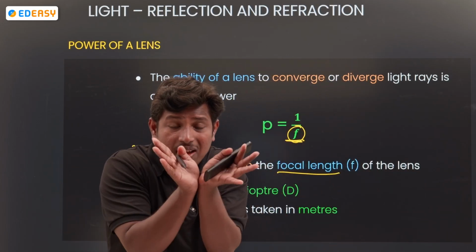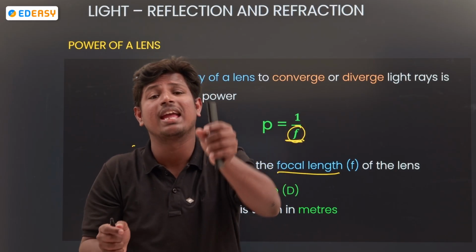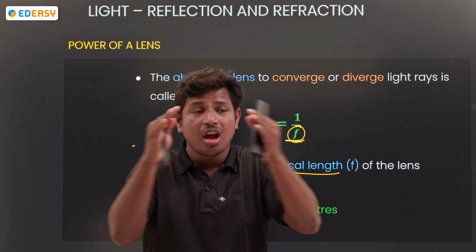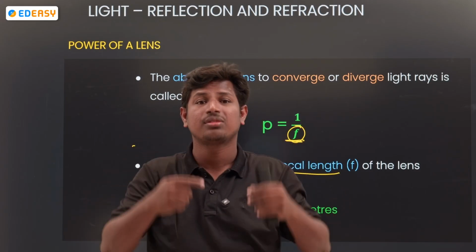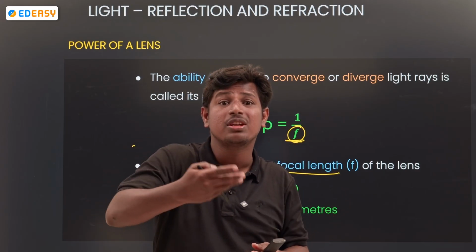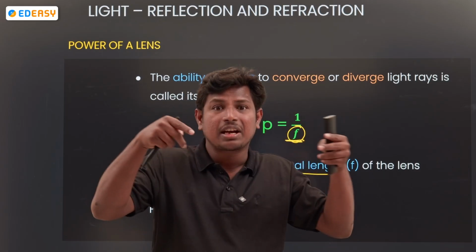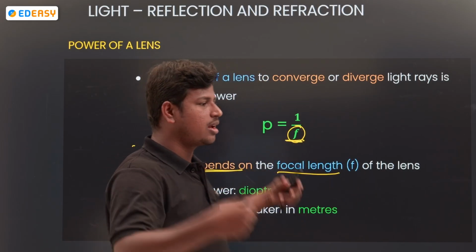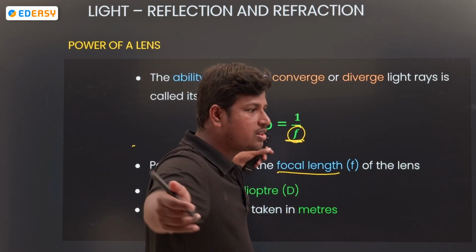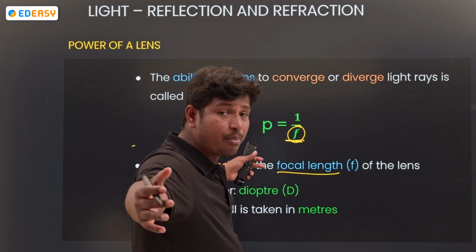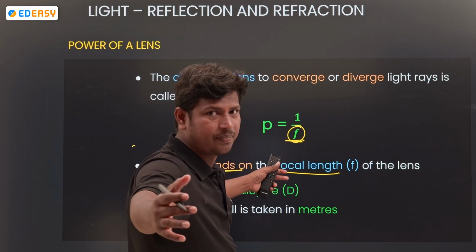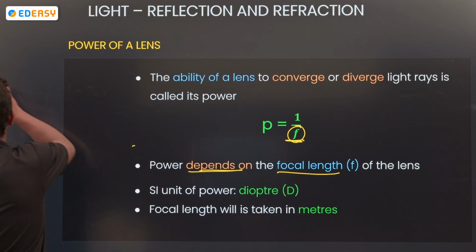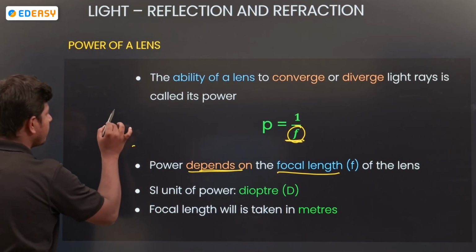For example, if I'm taking a convex lens, how are the light rays combining through that lens? How many light rays are combining? That is my power.